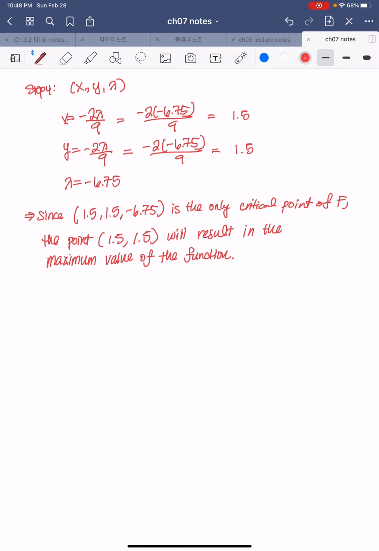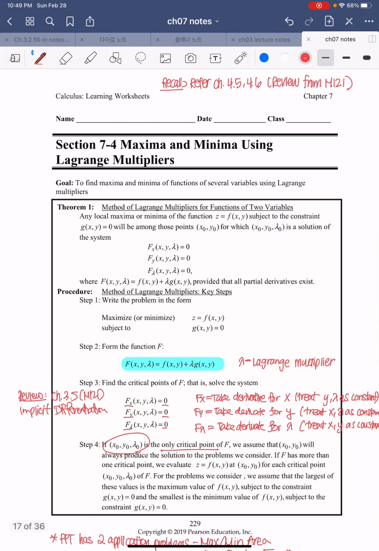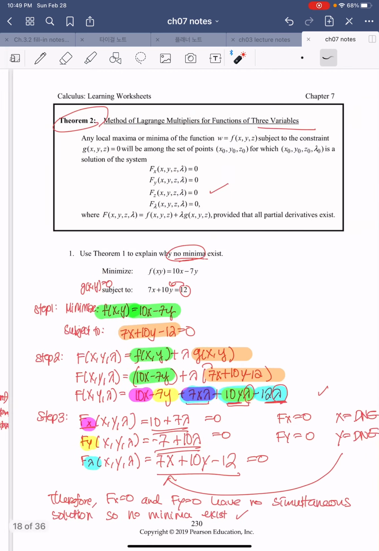Okay? So it looks very long, and all those variables look a little bit intimidating at first, but once you actually do it with the problem, it's not too bad. Very similar to our minimizing and maximizing with one variable in the past. Okay? So one more problem together.